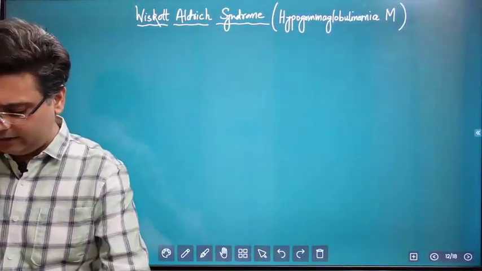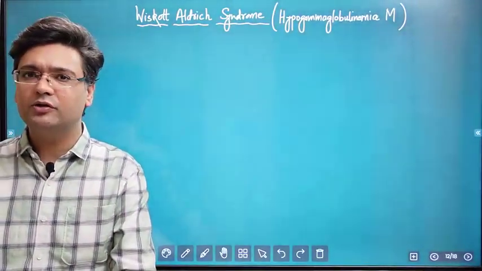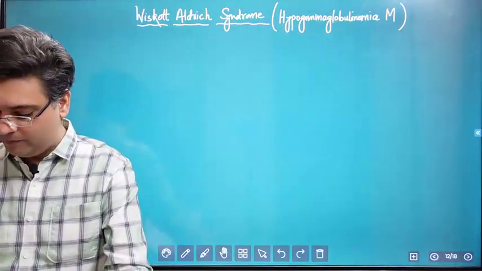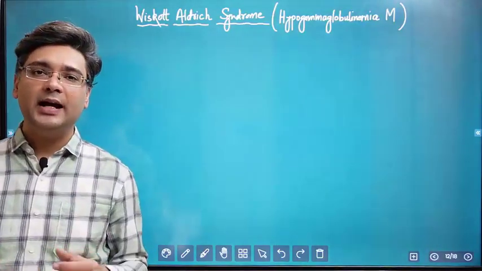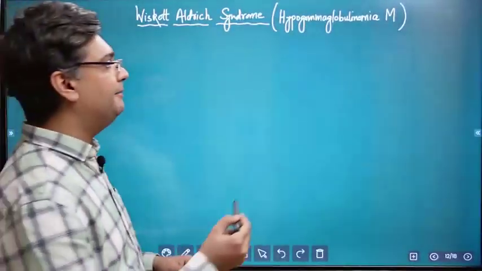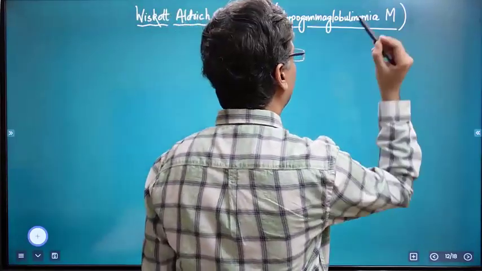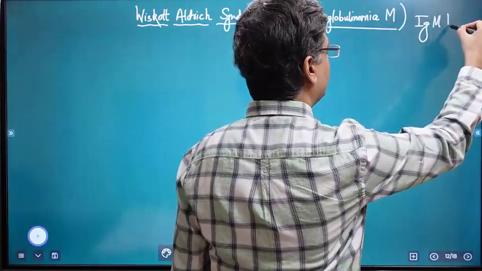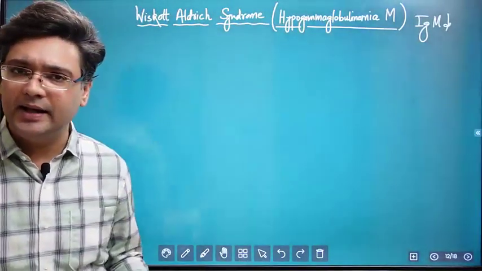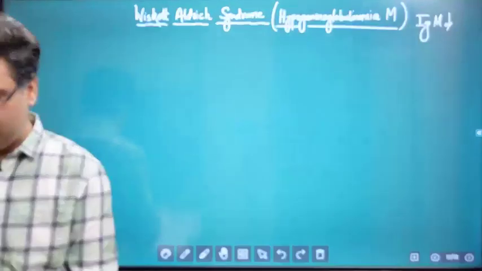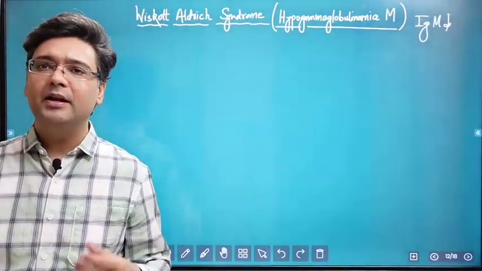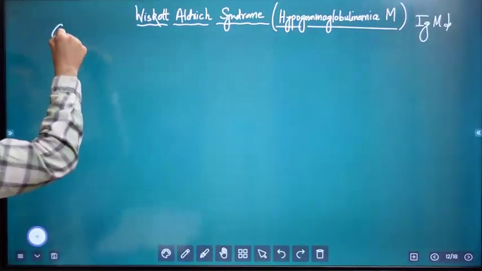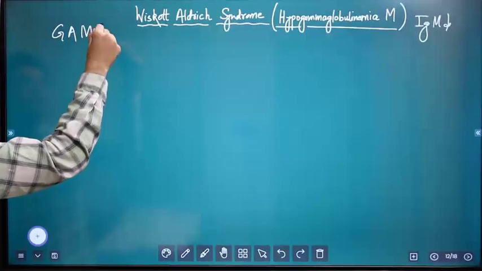Next, we are talking about a condition called Wiskott-Aldrich syndrome. Wiskott-Aldrich syndrome is also called hypogammaglobulinemia M. That means immunoglobulin M is being synthesized less here. To remember what kind of immunoglobulins are affected, we will write an acronym, GAME.